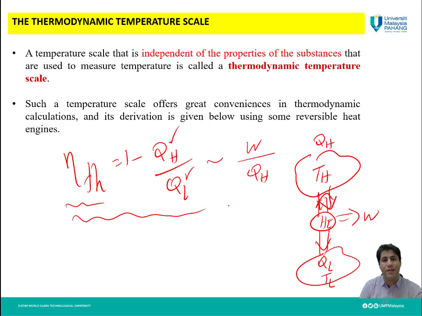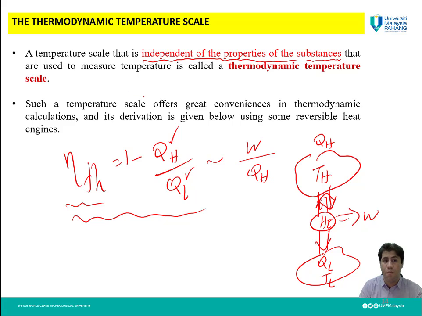So we need to find a temperature scale which lets us ignore other properties of the substance, like the type of the working fluid, which would determine QH or QL. This scale is called the thermodynamic temperature scale, which is independent of properties of the substance.